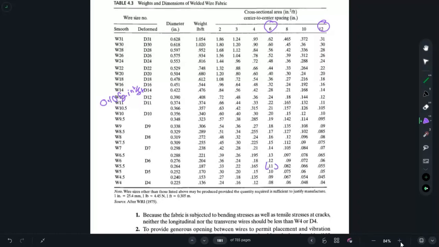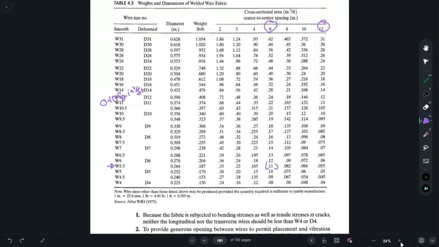For that, I will use W 5.5. This is for smooth, and for deformed it is the same. Isn't it the same? W 5.5. Okay, fine. I'll use the smooth one, W 5.5.